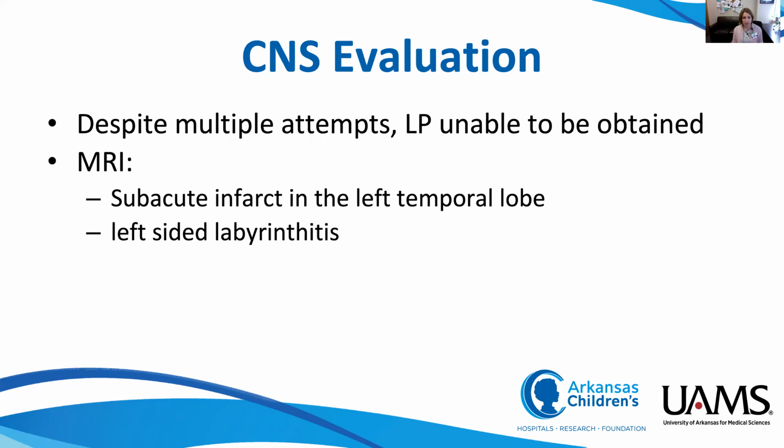On CNS evaluation, the baby was so anasarcic nobody was able to obtain a lumbar puncture, but we did an MRI and it showed a subacute infarct in the left temporal lobe and left-sided labyrinthitis, which can be seen in syphilis. So this child had neurosyphilis as well as severe disease from syphilis. The baby ended up being treated for 10 days with IV penicillin after we figured out what was going on.